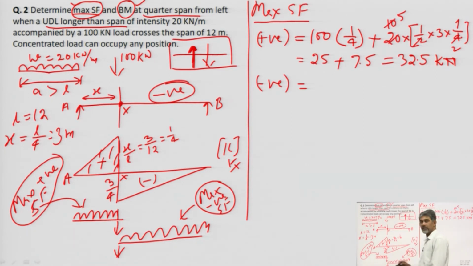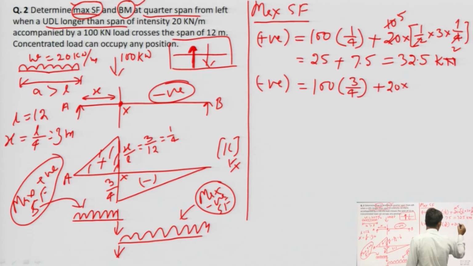Okay, this is the second step, and the third step is to find the value. So, point load 100 multiplied by the ordinate, which is 3 by 4. Plus load intensity 20 multiplied by the area.